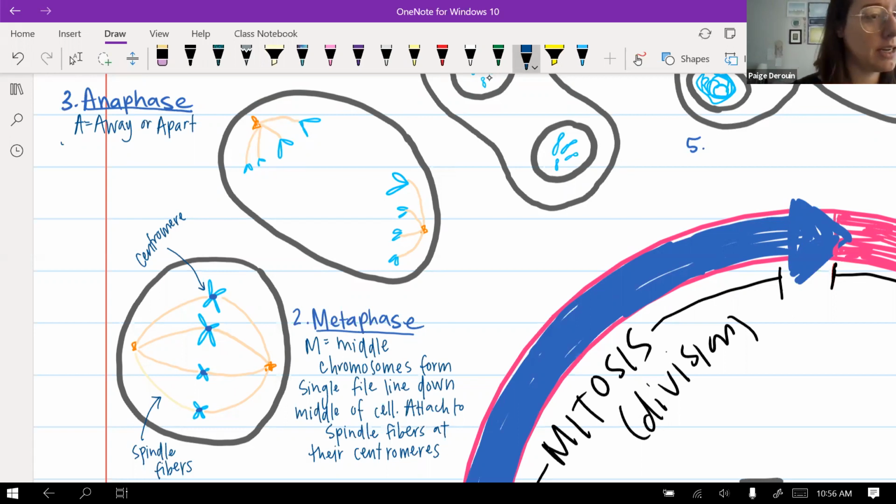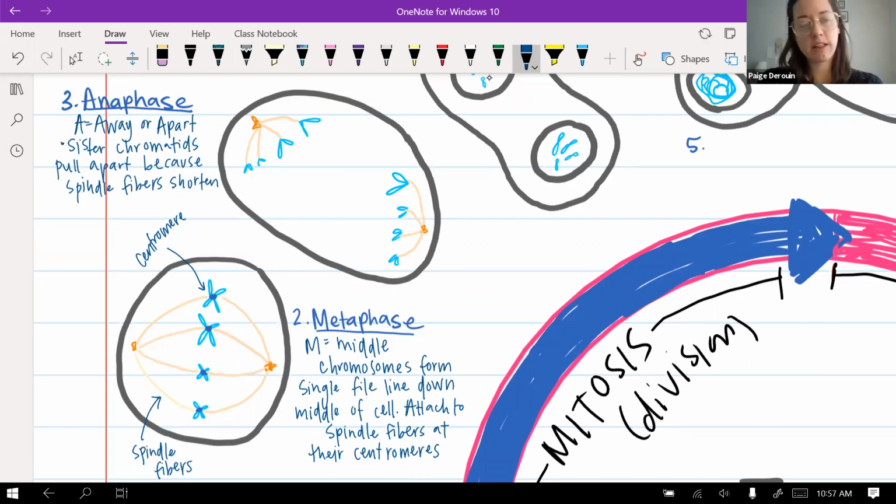So what happens in this one is sister chromatids pull apart because spindle fibers shorten. So basically the centrioles suck the spindle fibers back in, and that pulls apart the chromatids, which remember is 1/2 of the X-shaped chromosome, towards opposite sides.